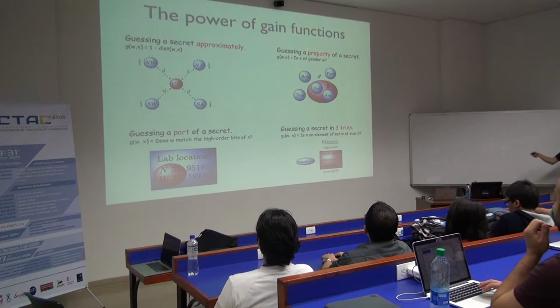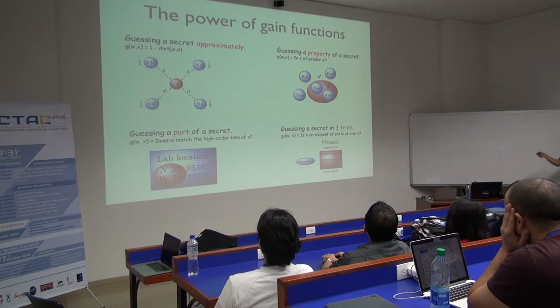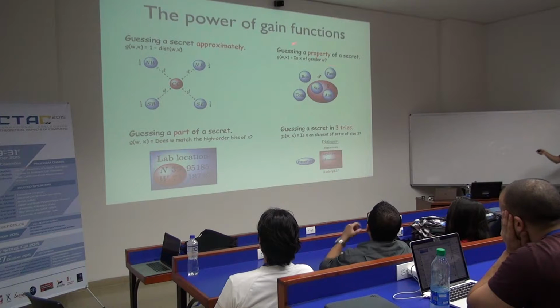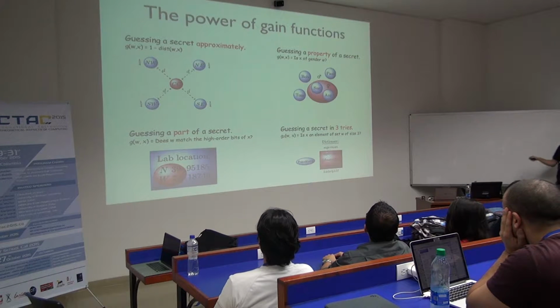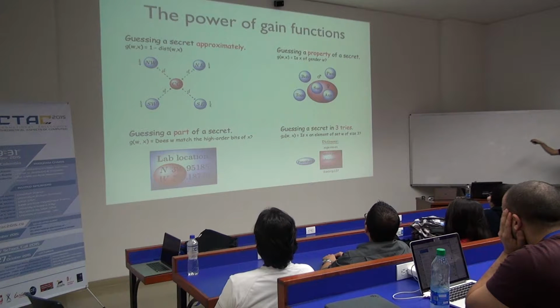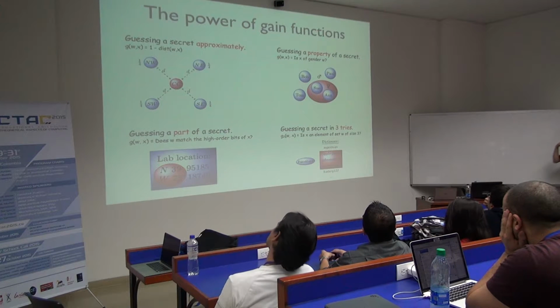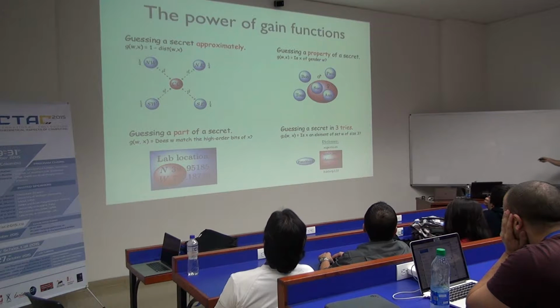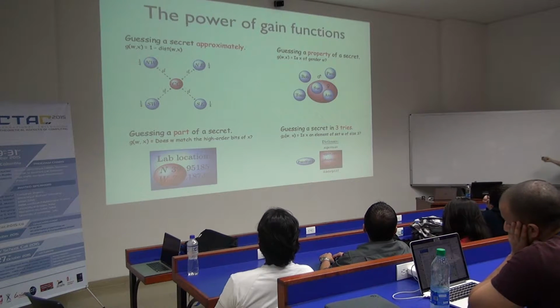Another possibility is that maybe I don't care about guessing the secret, but I want to guess a property of the secret. A property is a set of the secrets satisfying this property. So maybe I care about the gender of the sender in my anonymity protocol. I want to figure out: is he a male or a female?